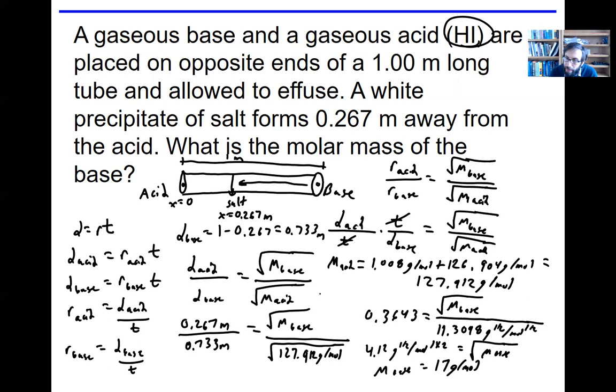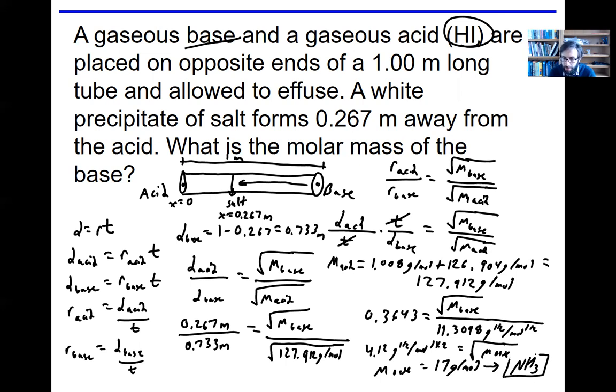There aren't that many gases that exist in chemistry, especially with this low of a molecular weight. And we know it's a base. So this base is actually ammonia, right? Nitrogen has an atomic mass of 14, hydrogen about 1, so total that gets us about 17.